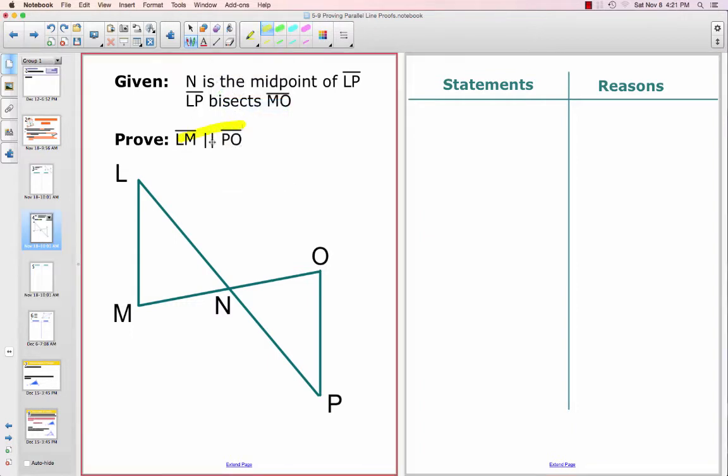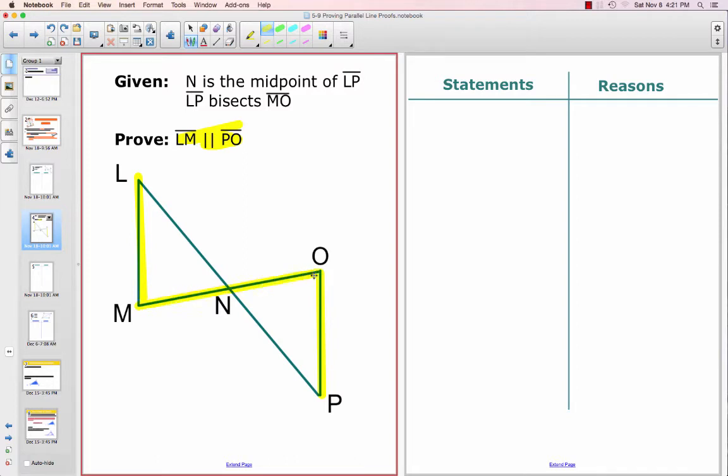So if we want to prove that LM is parallel to OP, well, we could pick any transversal here, either LP or MO. I'll just pick this one here.